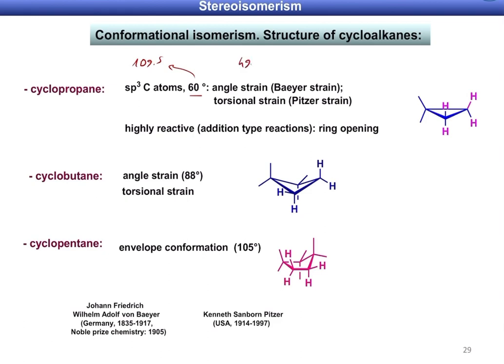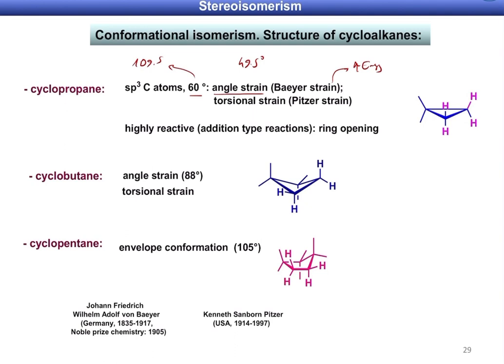Okay, 49.5 degrees is smaller, and it can make an angle strain or Baeyer strain. It increases the energy, okay, and it can cause the hydrogens of this cyclopropane to be always eclipsed, not staggered.